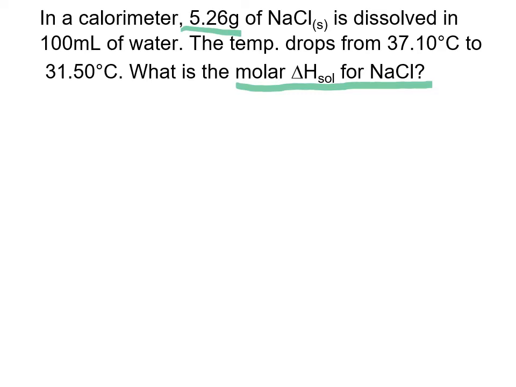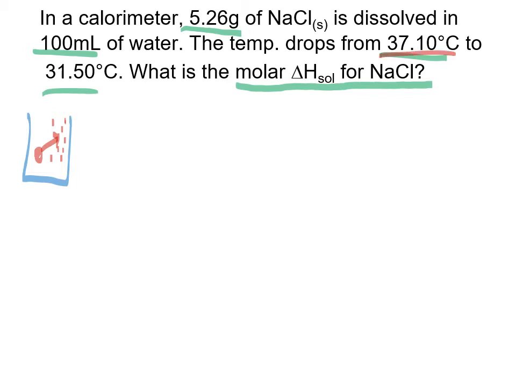We can just figure it out from any amount and then later convert it into how much it would be for a particular mole. We know that the temperature is starting out as 37 and ending up at 31, so the temperature is dropping. The water that the crystal is in is losing energy as the crystal dissolves. We're also dealing with 100 mils of water, so imagine we've got our water here and we've got our crystal inside of it, and as the crystal dissolves into ions, the temperature of the water around it is going to be dropping.